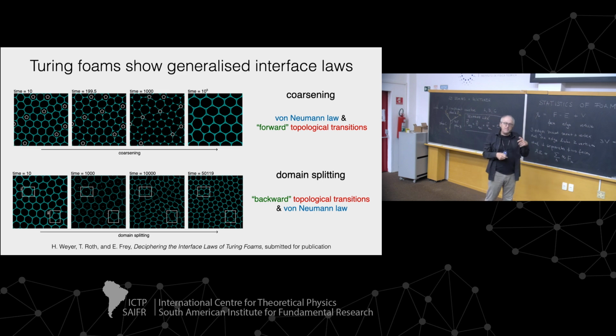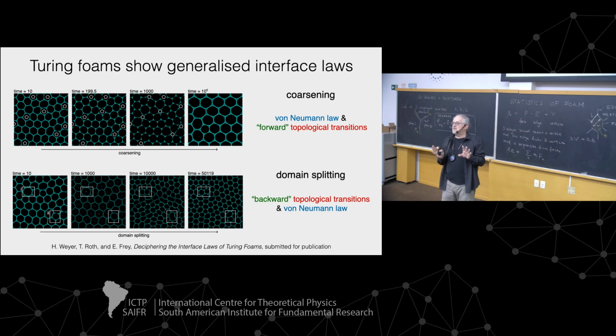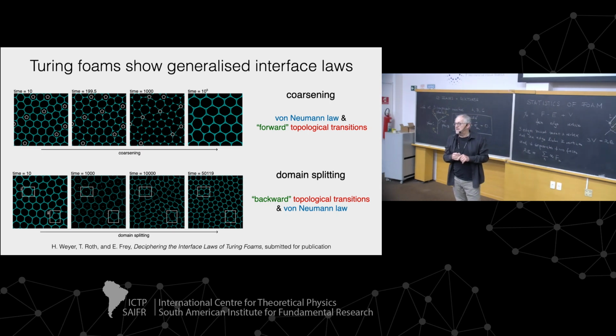And this is the same event that you see when you look at the simplified reduced model, which we called the two-component mass-conserving diffusion reaction model, that breaks the mass conservation. There you also see domain splitting. And this is a similar effect that you see here. The other effect that you see is not a nucleation event in the middle, where the domain becomes too large and you find a new pattern in the middle.